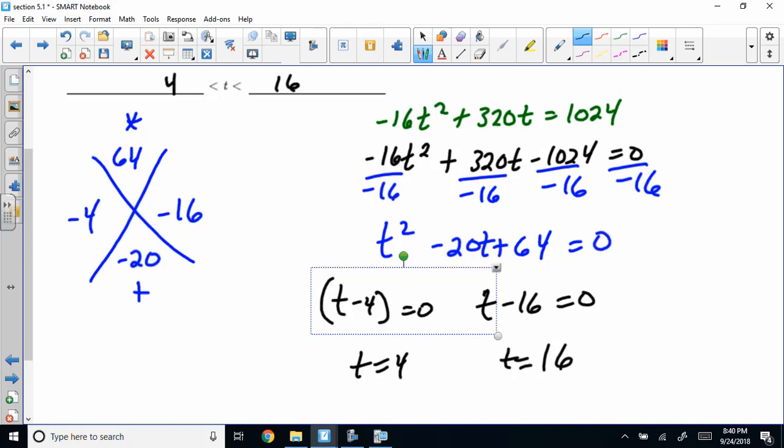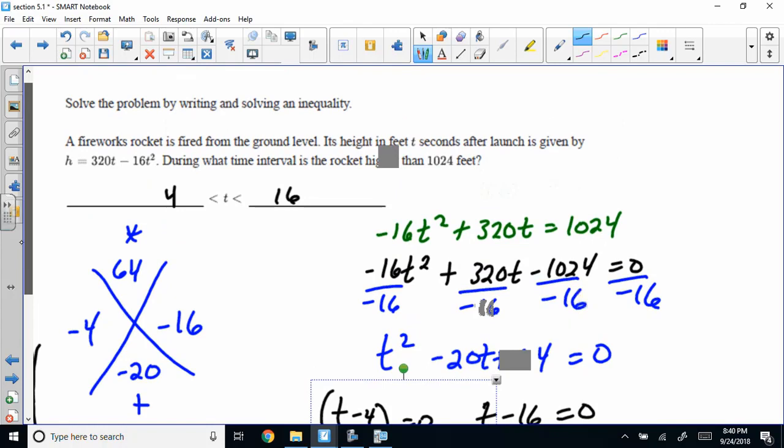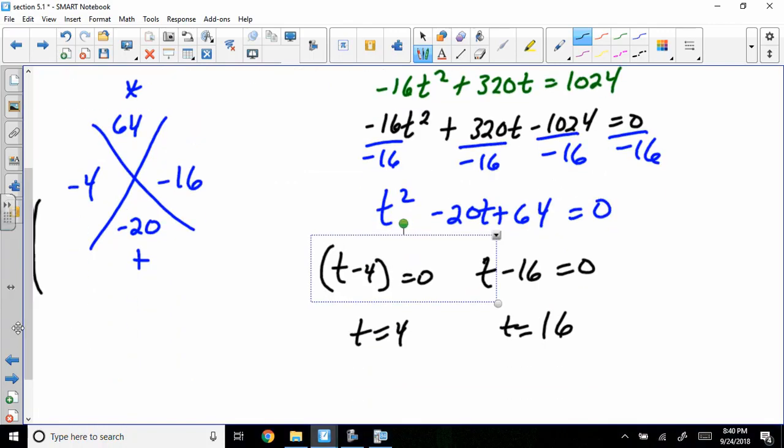They shot this from 0, from the ground, so there's symmetry. 4 and 16 gave me an output of 1024. The distance between 4 and 16 is 12, and half of 12 is 6. So if I go 6 in, I'm on the vertex. That's the x value, or h, of the vertex. That would be 10 seconds to get to the top.